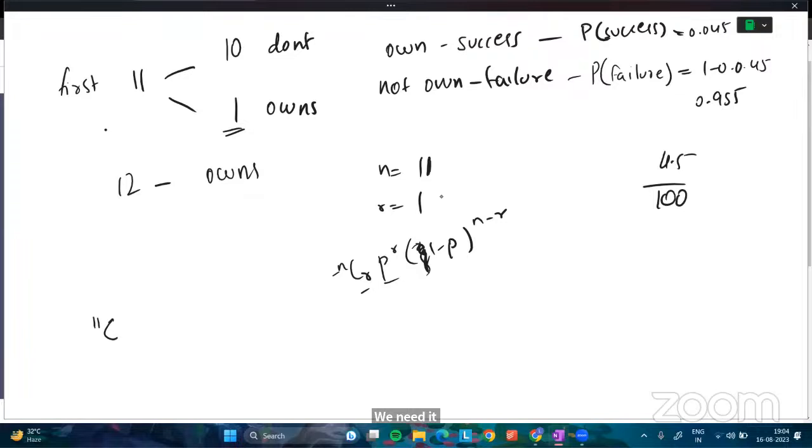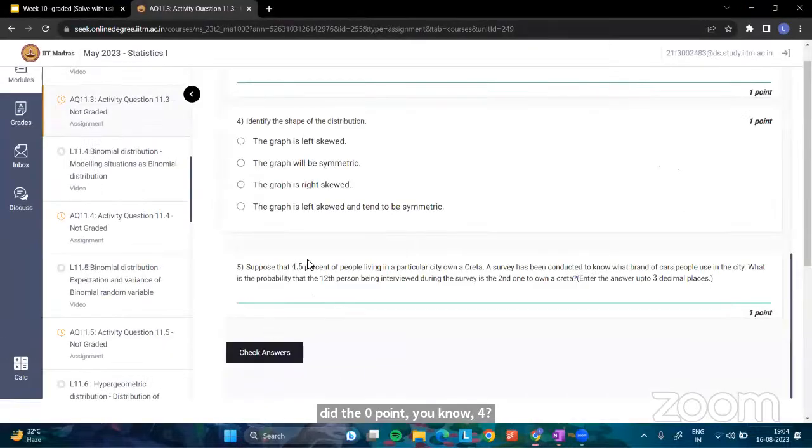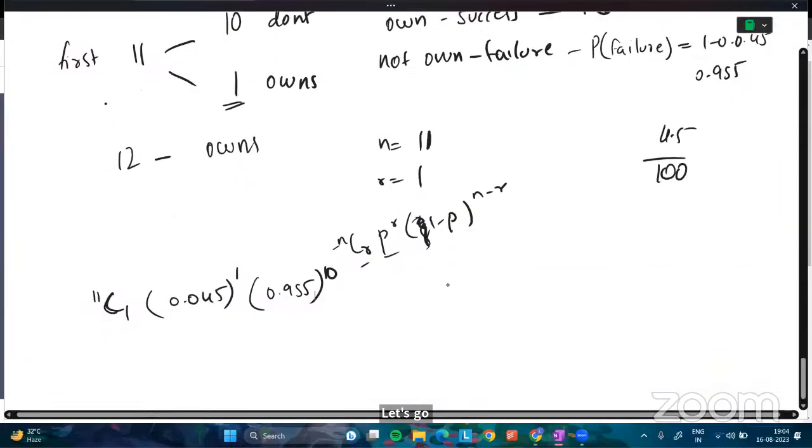Okay, so you did 11C1 into 0.045 and 0.955 to the power 10. Where did the 0.045 come from? Because it says 4.5%. Okay, ma'am. 11C1 is just 11.